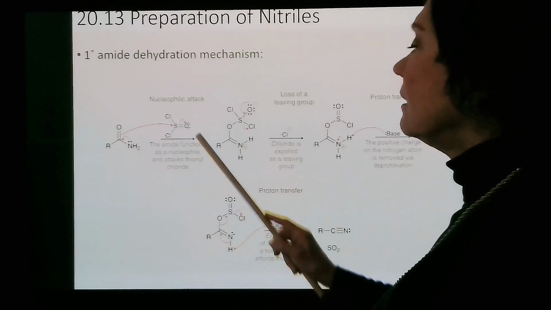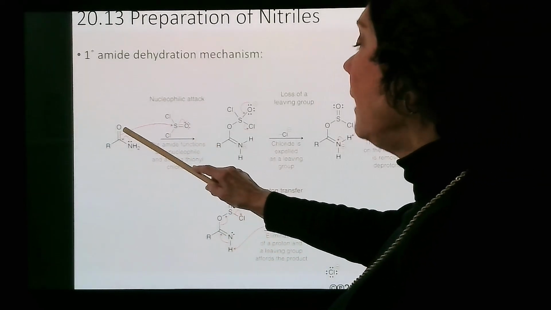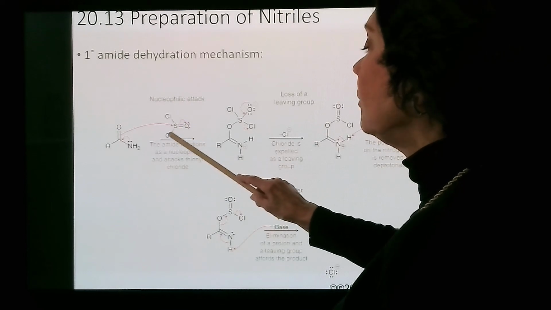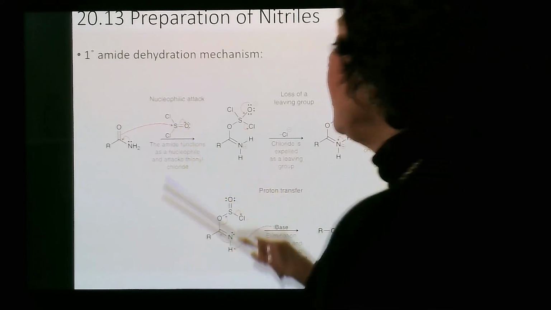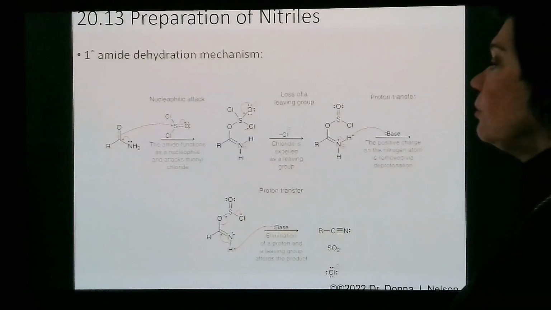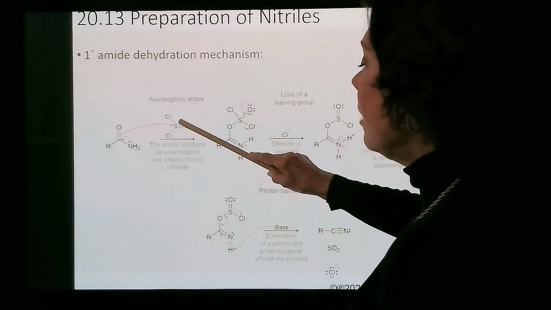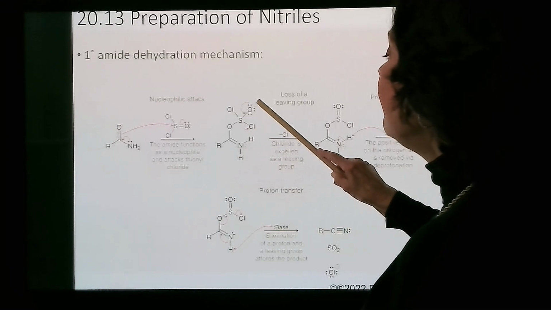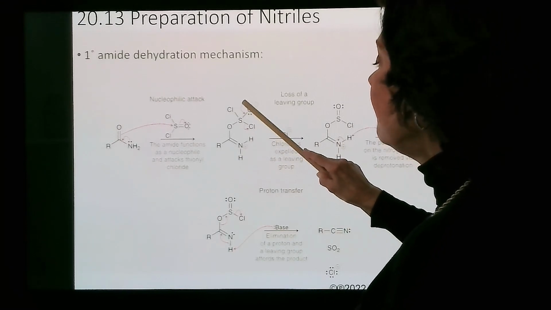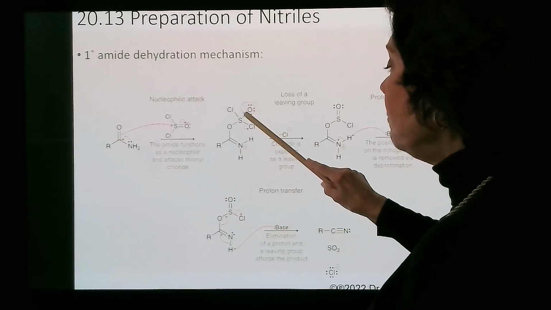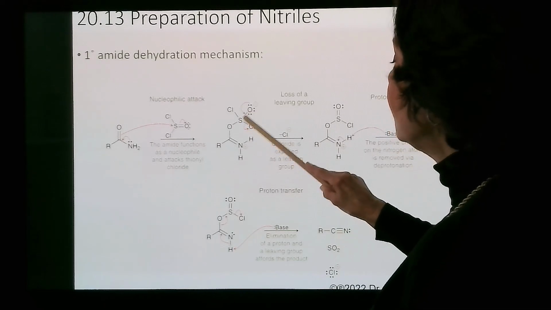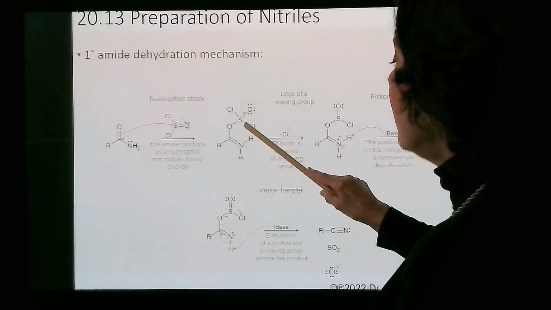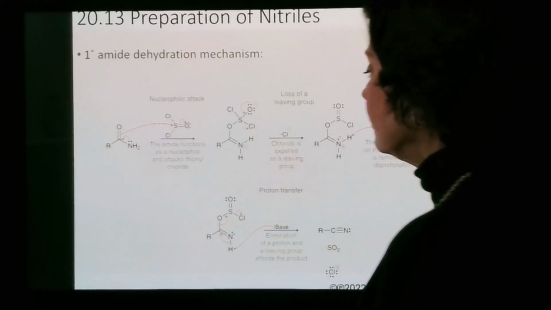So let's look at this. The pi electrons do an attack at sulfur, which is bearing a positive charge because it is attached to 3 electron withdrawing groups. And the pair of electrons in the sulfur-oxygen pi bond moves out onto oxygen. Then the pair of electrons on oxygen moves back in, reforms the sulfur-oxygen double bond, or pi bond rather, and chloride departs.